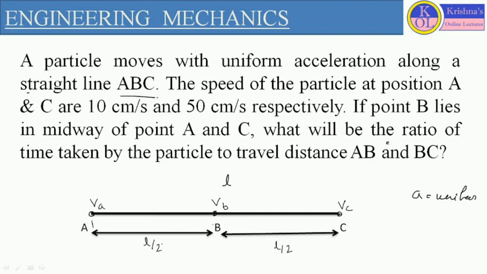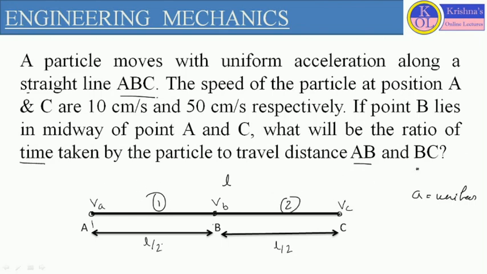What will be the ratio of time taken by the particle to travel distance AB and BC? So here we have to define the ratio of the time taken by the particle. We first need to define the time taken by the particle to cover distance AB, the first half, and then BC, the second half.